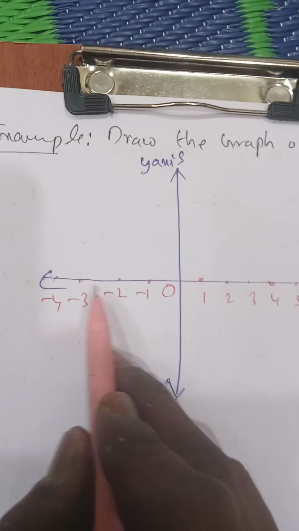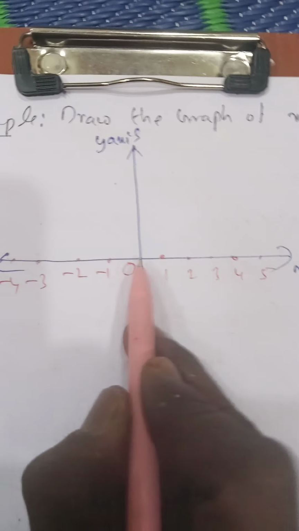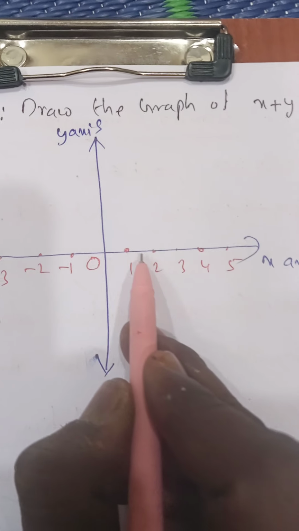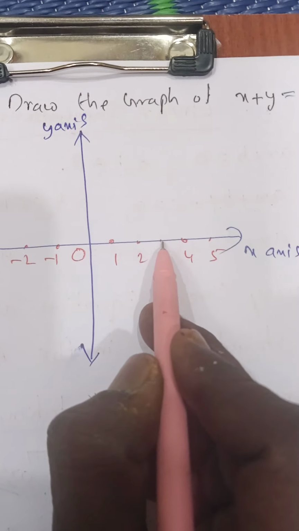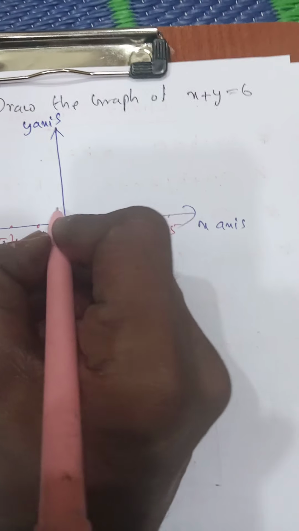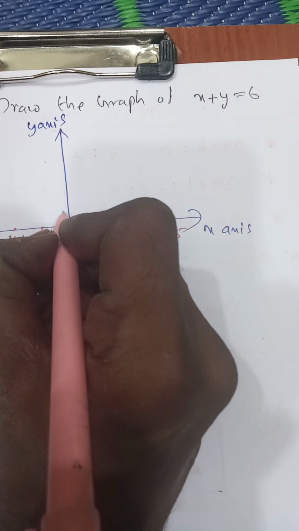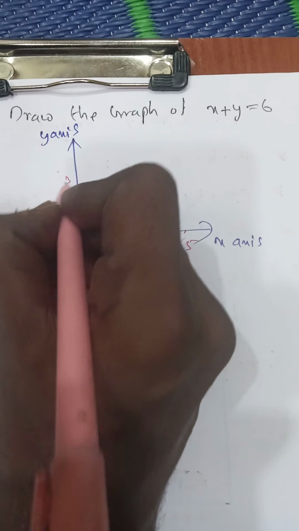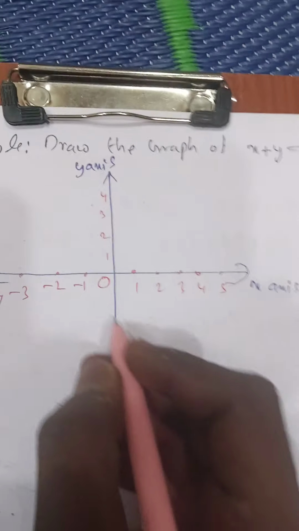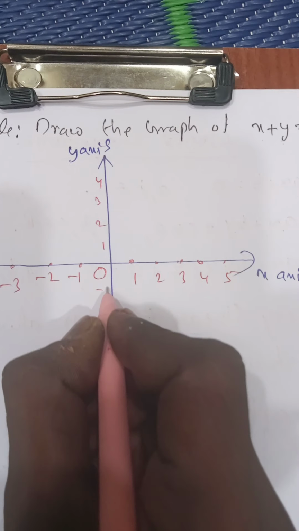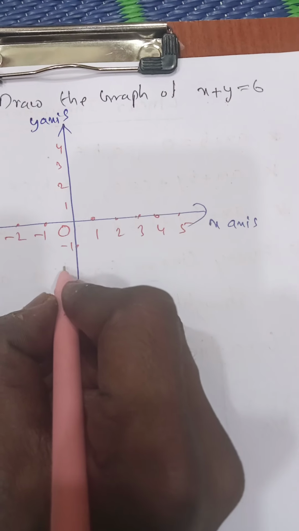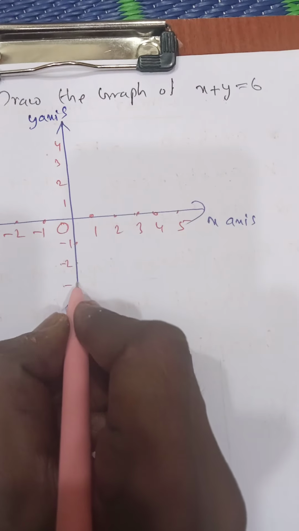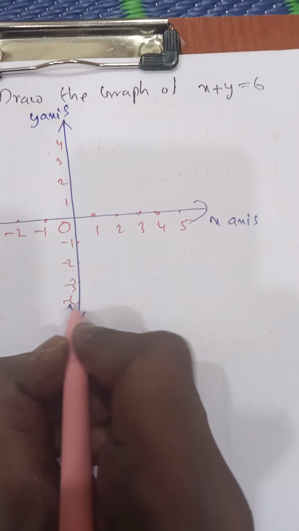You need to maintain the same gap between the units. Suppose this is 1 centimeter, then we must take 1 centimeter, 1 centimeter. On the y-axis above the x-axis I am taking the positive numbers, and on the negative side I am taking the negative numbers.